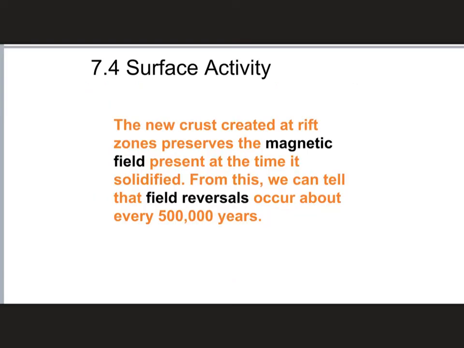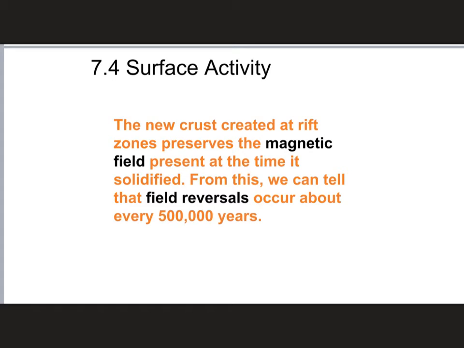Now, when new crust is created in these rift zones, an interesting thing happens. The material that makes up the new crust actually preserves the magnetic field of the Earth when it was created. Think of it like this. If you had a compass and the compass needle was pointing towards the north, and you froze that compass so that the needle could no longer move, that would create a snapshot of how that compass was oriented at that moment in time.